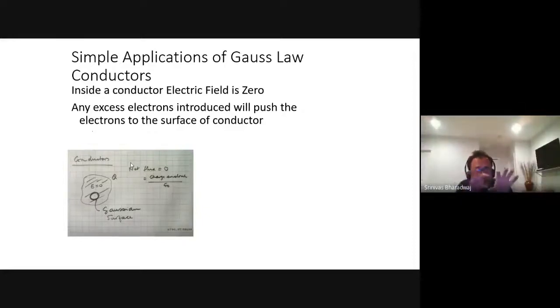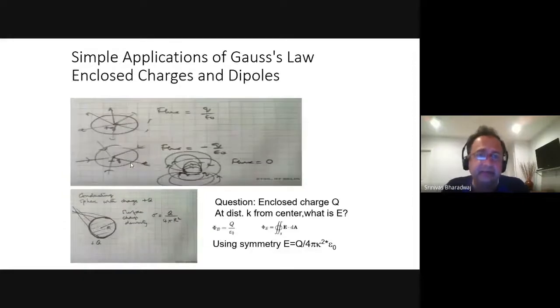Inside the conductor, no electrons will flow. Therefore, if you draw a Gaussian surface inside a conductor, the net flux will be zero because there is no charge inside the conductor. Remember that, it is always a tested item.